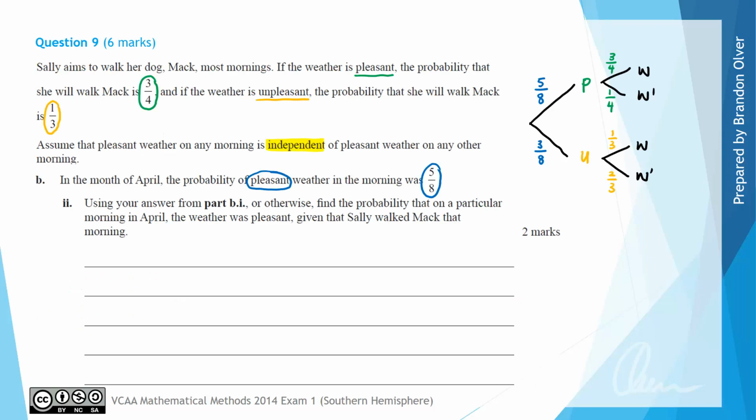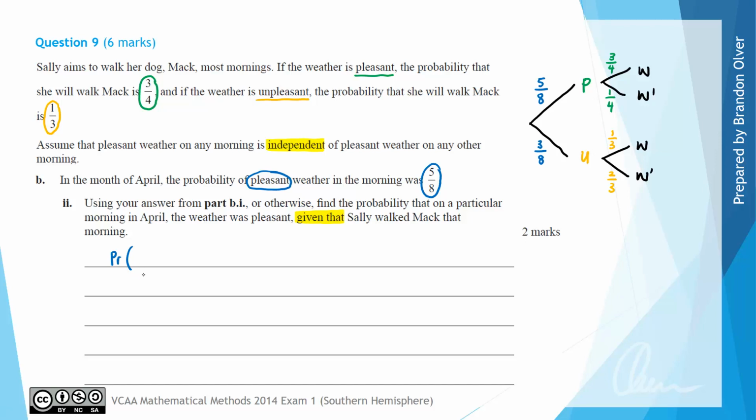For the second part of Part B, it says using your answer from Part B1 or otherwise, find the probability that on a particular morning in April, the weather was pleasant, given that Sally walked Mac that morning. We can identify this as conditional probability.